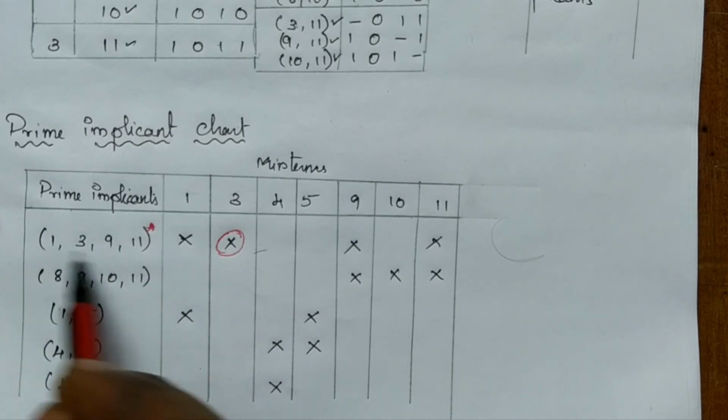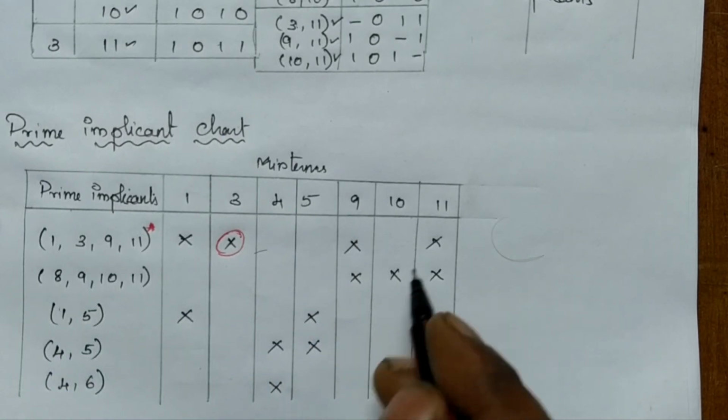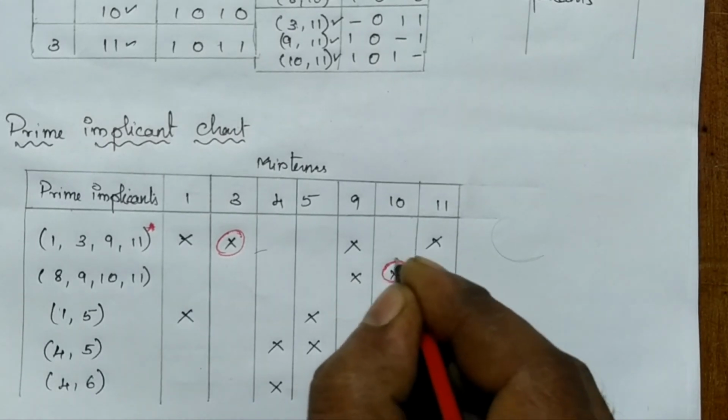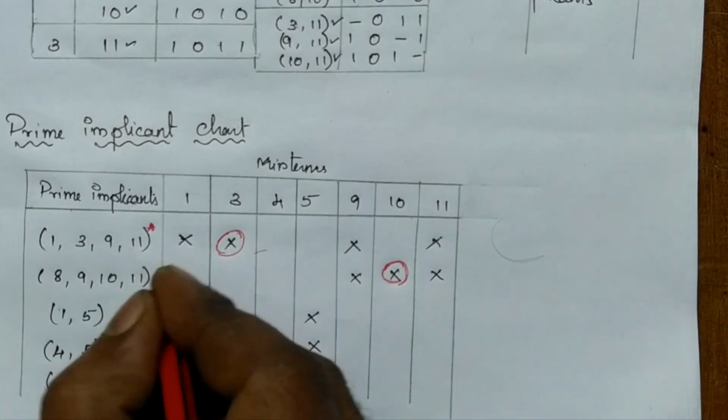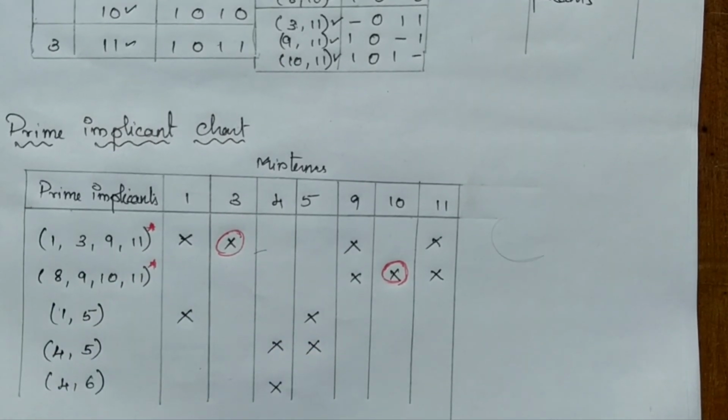That means this prime implicant should be included in the final result. Likewise, here we are having 2, here 2, here 2, but here we are having only one cross mark in this column. Therefore, the respective prime implicant is considered an essential prime implicant.